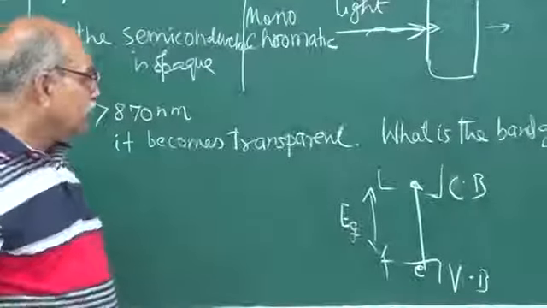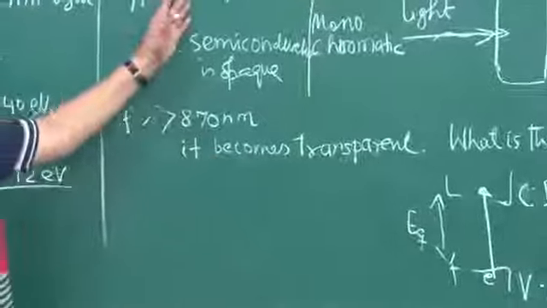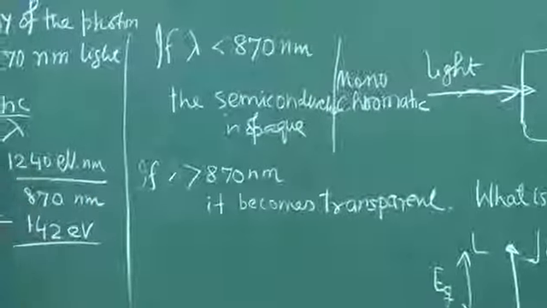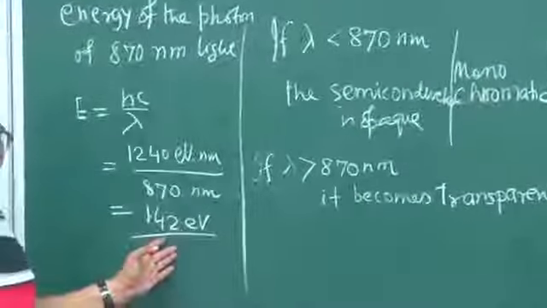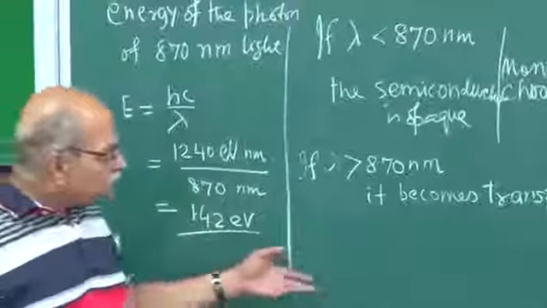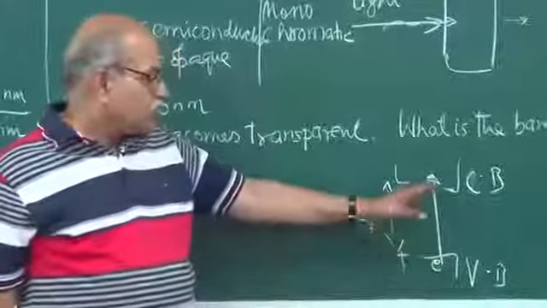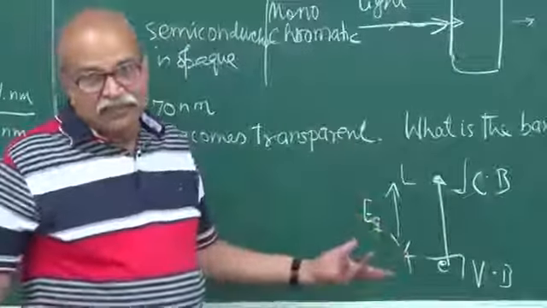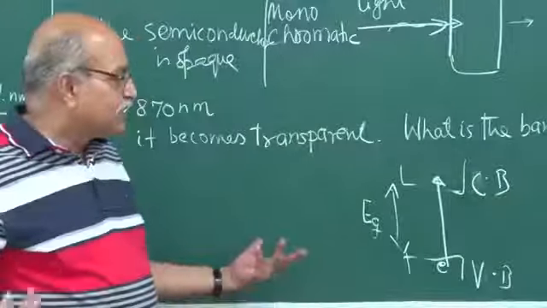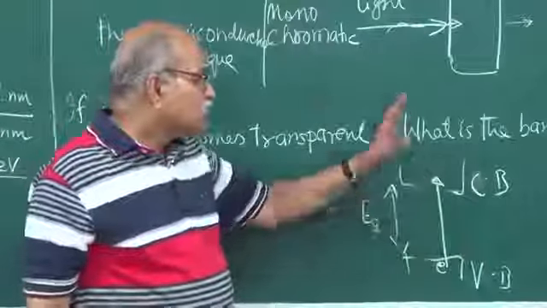Right? And if the wavelength is still smaller, the photon energy is larger than 1.42 eV, then also this photon can get absorbed and this electron can go here, and some energy will be dissipated as thermal energy. So this process is possible.